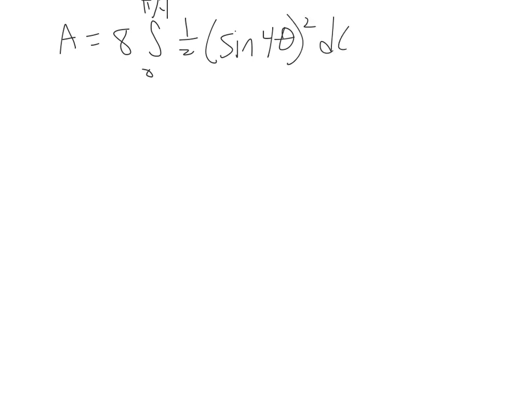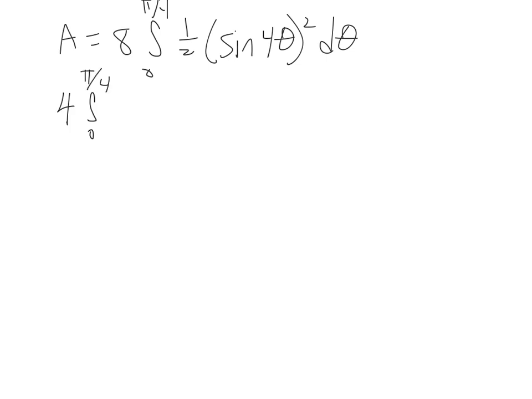Area equals 8 times the integral from 0 to pi over 4 of 1/2 sine 4 theta squared d theta. So the first thing I want to do is pull that 1/2 out in front. So 8 times 1/2 is going to be 4 times the integral from 0 to pi over 4.